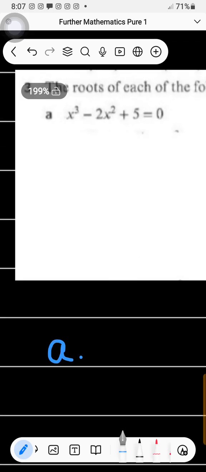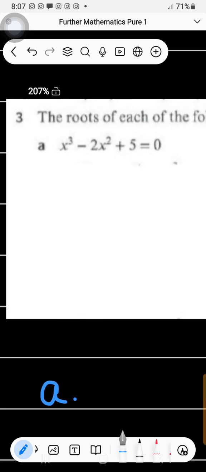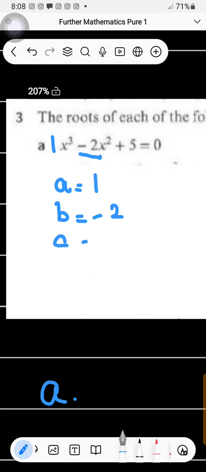There is part A. The equation is x cube minus 2x square plus 5 equal to 0. The A is 1. A is the coefficient of x cube. The B is the coefficient with x square. This is minus 2. The C is the coefficient with x.